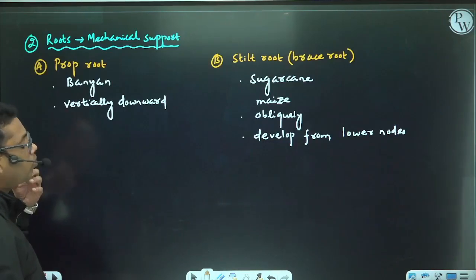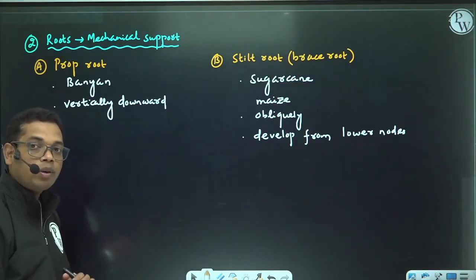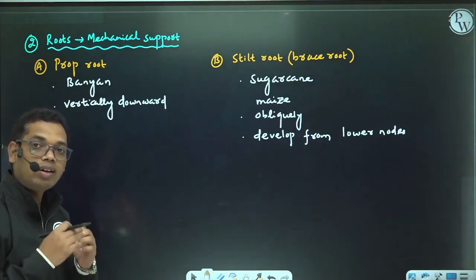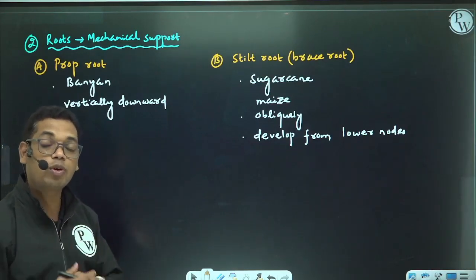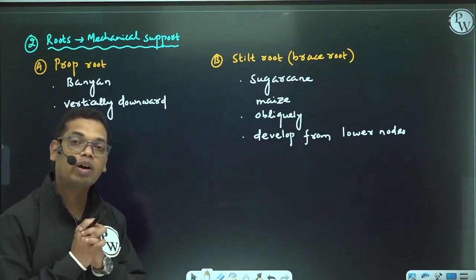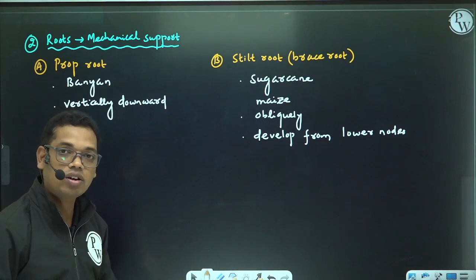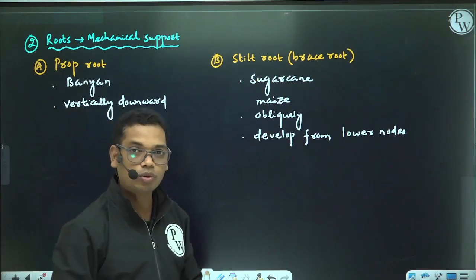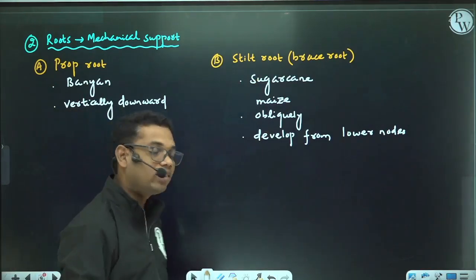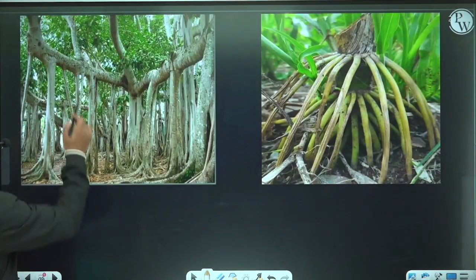Now, apart from performing storage of additional food, some roots get modified to provide extra mechanical strength or support to the plant. Okay, and the examples of such root which provide mechanical support to the plant are prop root and stilt root, and the stilt root is also called as brace root. And the prop root, we find it in the banyan tree. You can see here that these are the stems.